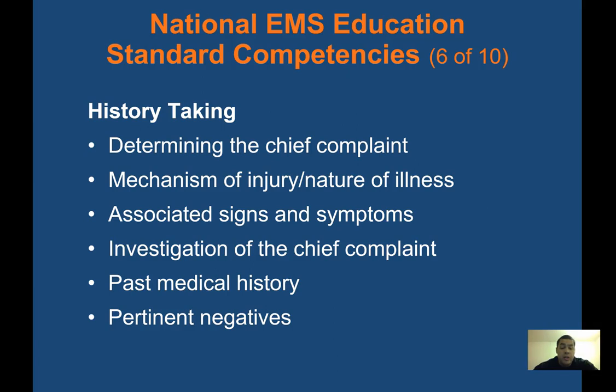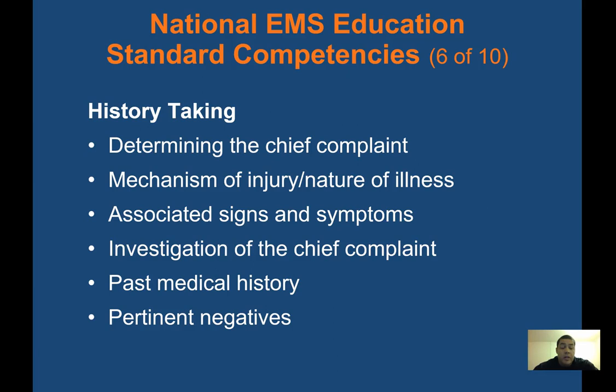Okay. Investigation of the chief complaint. You're going to keep asking them questions regarding the nature of the incident. Okay, you're going to ask OPQRST for chest pain, or you're going to ask PACE, the acronym for any shortness of breath, any respiratory difficulty. Past medical history, that gives you a good indication of possibly what's going on with the patient.